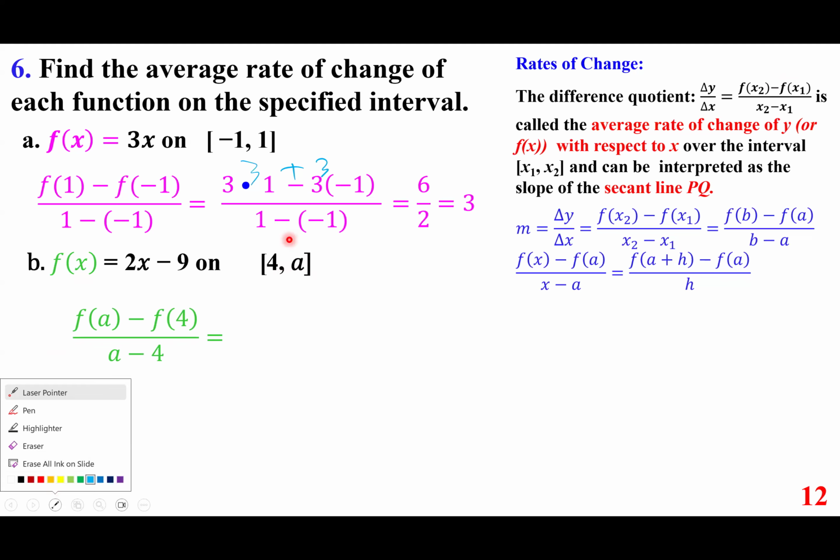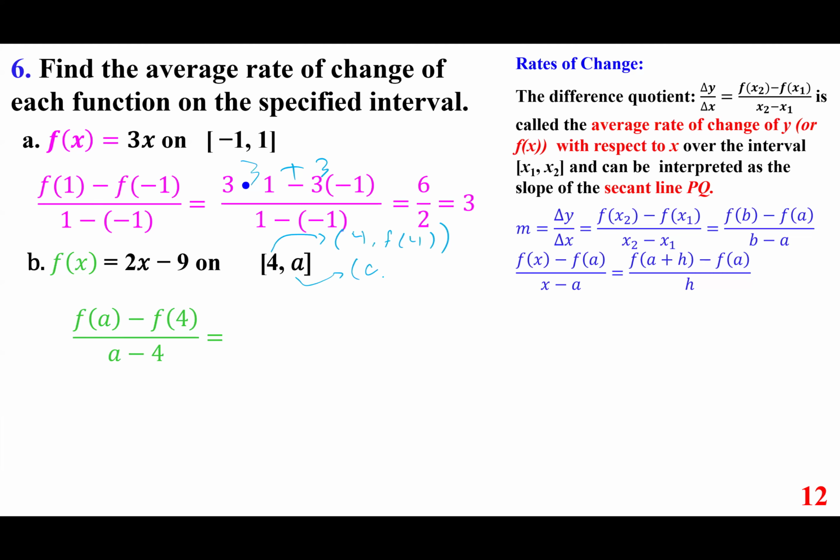You're dealing with, let's write that, the pair 4 comma f of 4. And this means a comma f of a. That's the meaning of this. From 4 to a. That's what it's saying. So we don't want to mix them up, everybody.